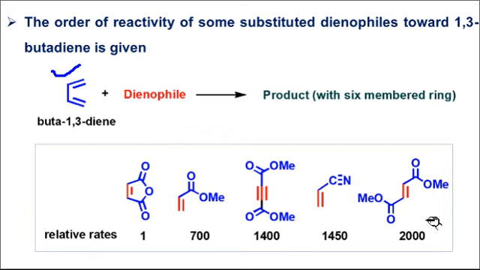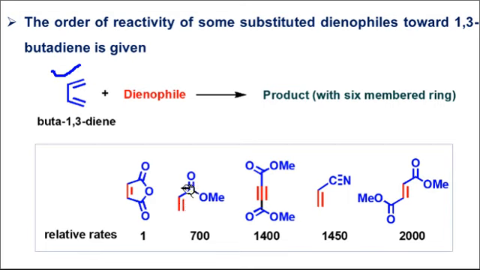Then we'll end up with dimethyl fumarate. In this case, if we consider the relative rate with respect to maleic anhydride as 1, then in this methyl acrylate system we have two oxygen atoms.